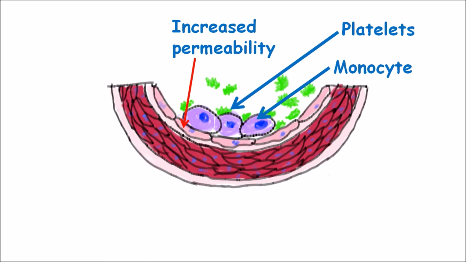Now monocytes, when present in the blood, are normally called monocytes, but when they enter any tissue or even the wall of the artery, they are known as macrophages.